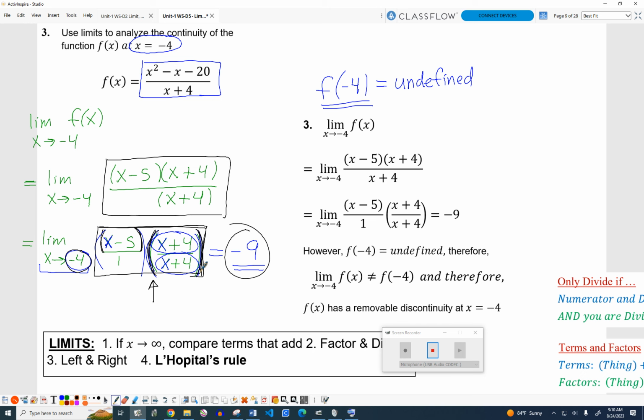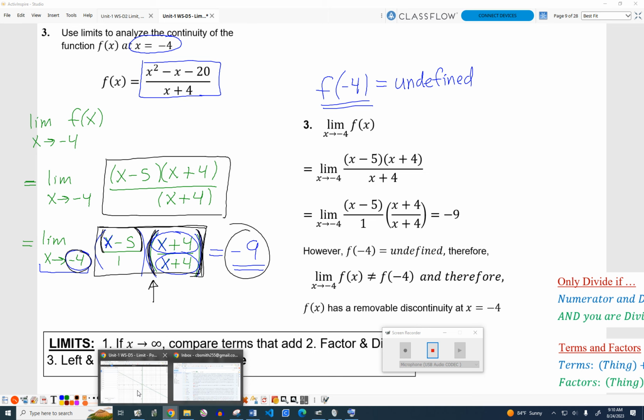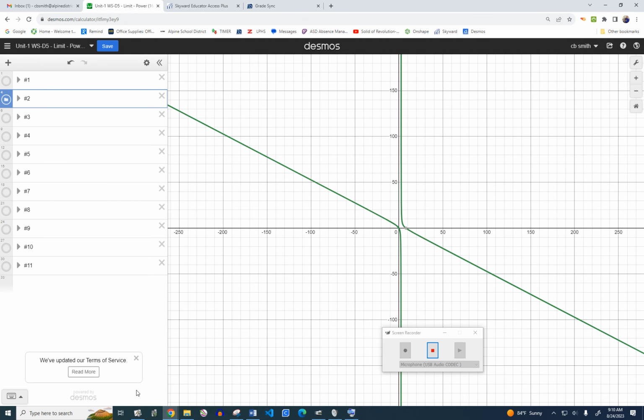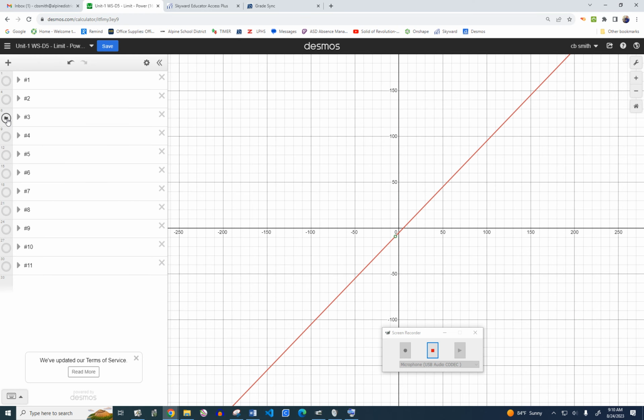I have a quick question: removable discontinuity and a jump, what's the difference? So let's look at that real quick. This graph is going to look like this. This is a picture of that formula, the XY pairs.